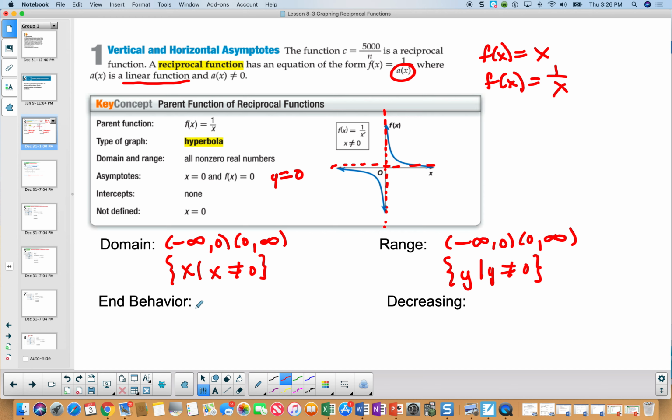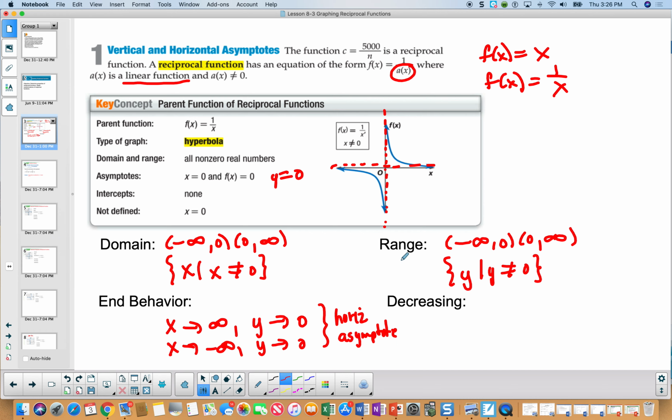Now let's talk about end behavior. As x goes to infinity, notice that y wants to approach 0, and as x approaches negative infinity, y wants to approach 0. So this tells me about the horizontal asymptote.